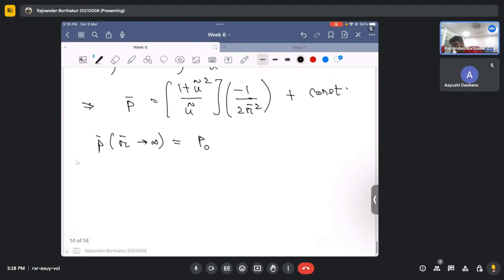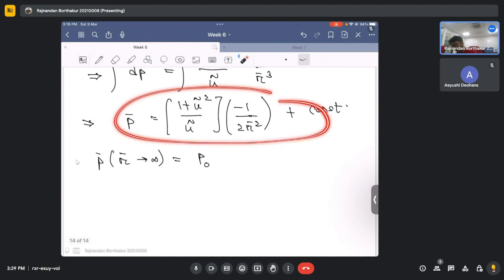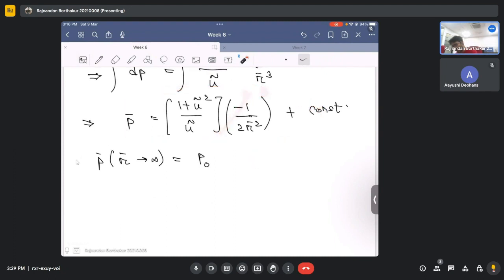If I impose this boundary condition here, we look at this term when R bar tends to infinity, which means this would just drop out, and so this would just drop out.